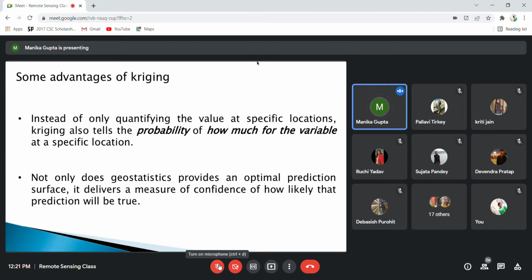But here you are giving that measure of confidence, how much your prediction is true. If you say your prediction is 60% true, that is how much you have to rely on that data. But if you say it's 100% true, that means that's the most correct value you can get. So kriging helps you in measuring the confidence of your prediction.